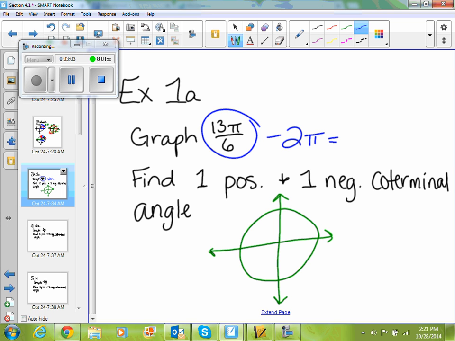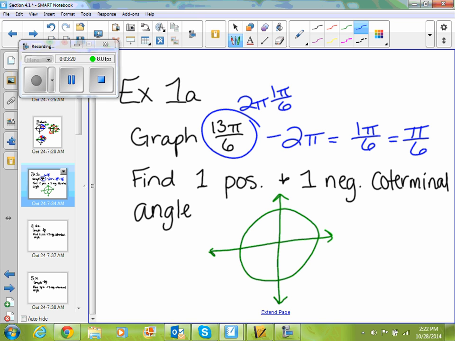If I reduce this, I end up with 2 pi and 1 pi over 6. Then if I subtract 2 pi from it, I get 1 pi over 6, which is the same thing as pi over 6. So that's actually what I'm going to graph.